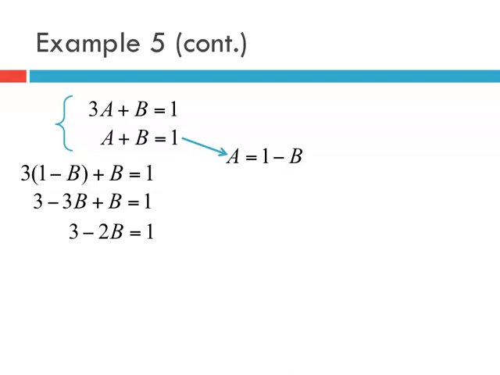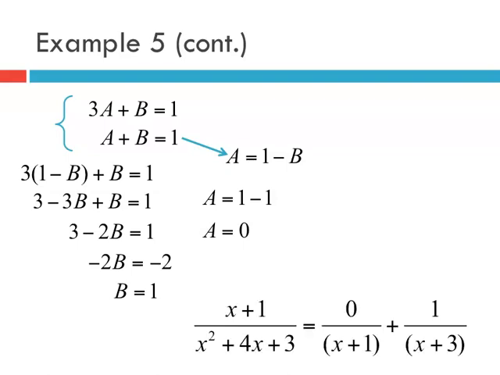And solve for b. So we have negative 2b equals negative 2. Divide by negative 2 and we get b equals 1. Now I can plug 1 in for b, and that gives us a equals 0. All right, so we have a equals 0, b equals 1. So now we can write this out as 0 over x plus 1 over x plus 3.